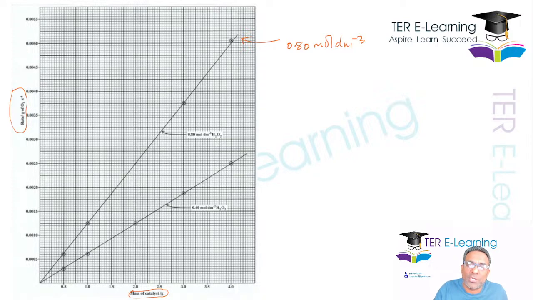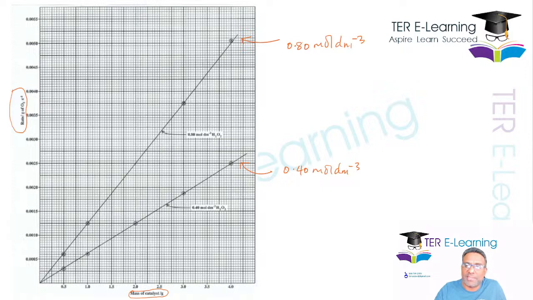But what they're doing, that straight line there, they've changed the mass of the catalyst and measured the rate of reaction. This is also another experiment here, but this time they use a different concentration. They use 0.40 mole per dm cube of hydrogen peroxide. So therefore we have two graphs with two separate concentrations of hydrogen peroxide.